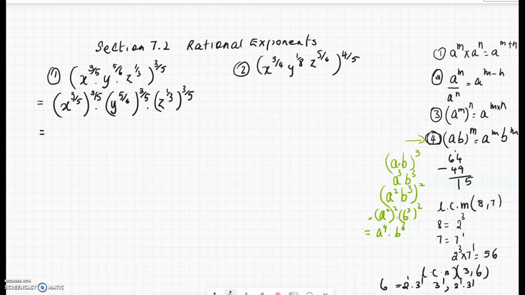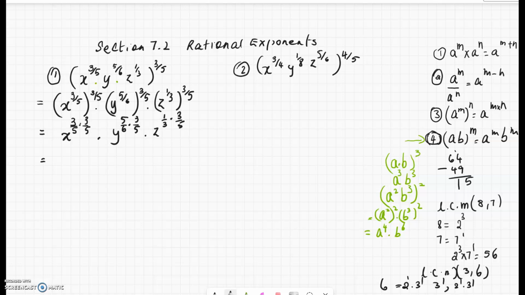So this is equal to x to the 3/5 times 3/5 times y to the 5/6 times 3/5 times z to the 1/3 times 3/5. Now simplify this expression.